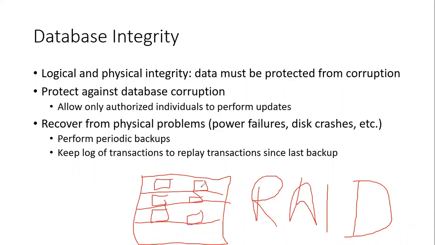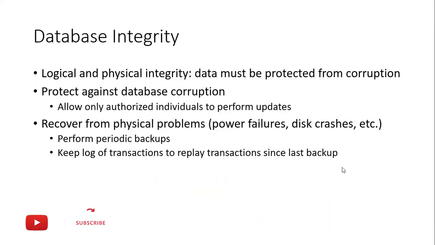So in case one of the disks fails, you have the other backups as well. This is called a RAID system, a redundant array of independent disks. It is a very important computer architecture to save your data.